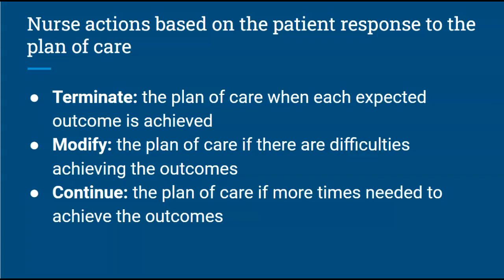The last one would be outcome not met, and that would be if the patient reported tobacco use every day, no changes to their tobacco use, and then you would reevaluate and see what you need to do to change it so that this patient can meet their outcomes.